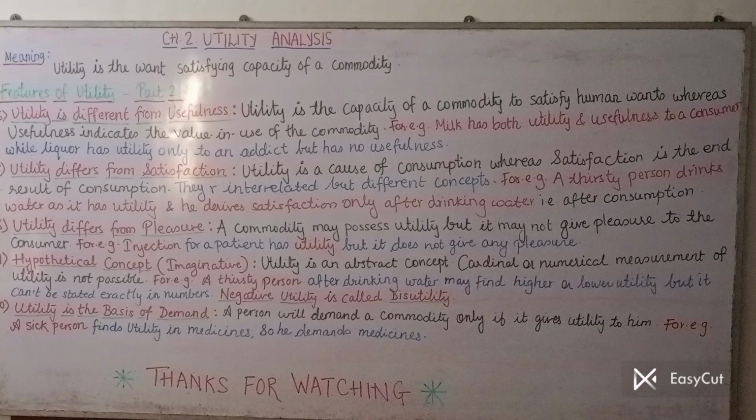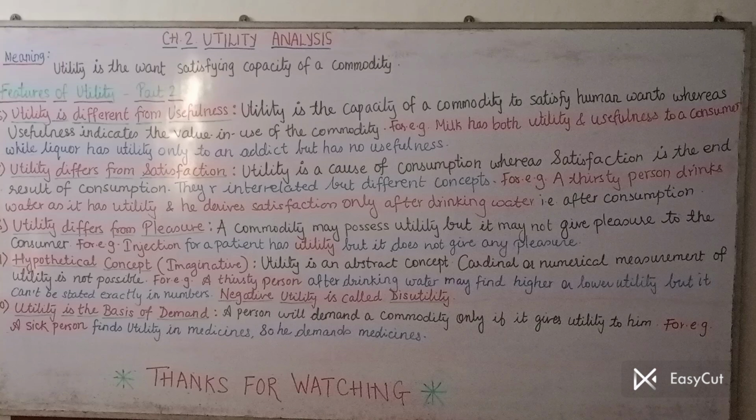Next, moving on to feature number 9, hypothetical concept. That means utility is an imaginary, imaginative concept, a hypothetical concept. Utility is an abstract concept. Cardinal or numerical measurement of utility is not possible. For example, a thirsty person is drinking water.